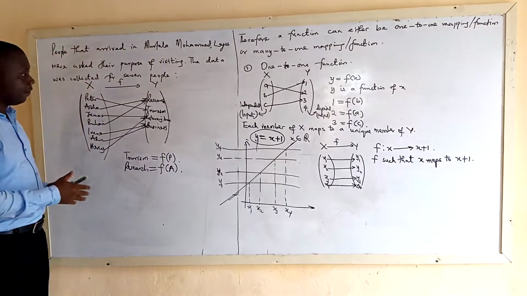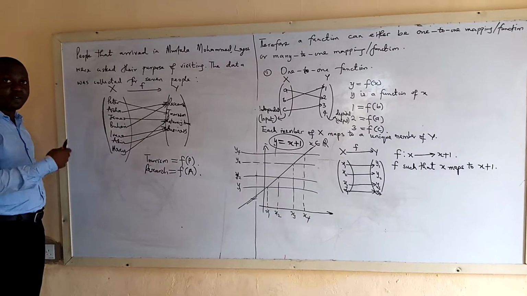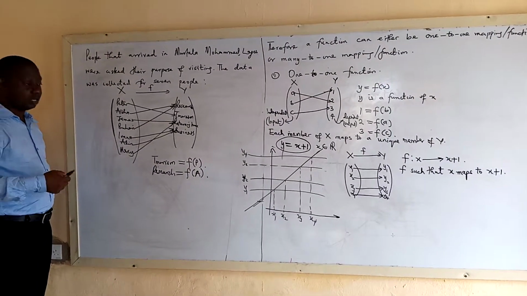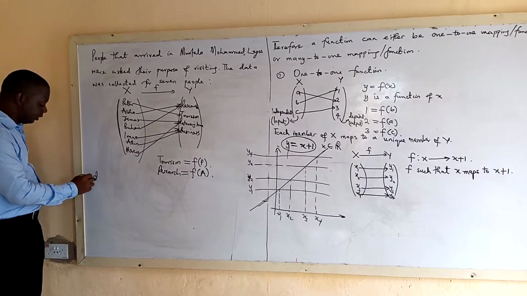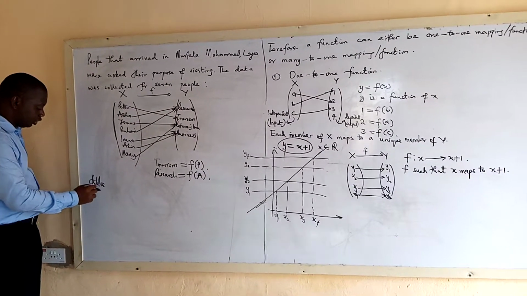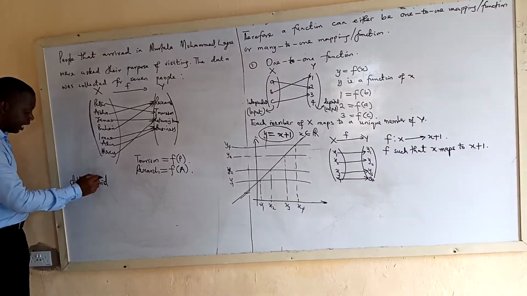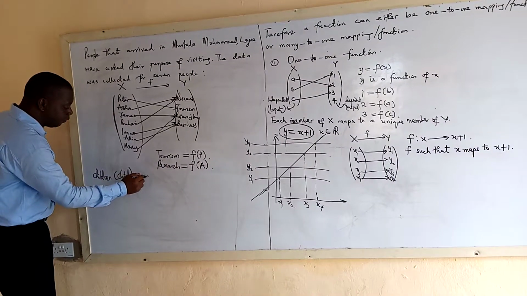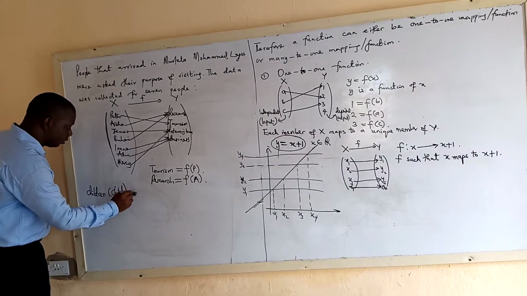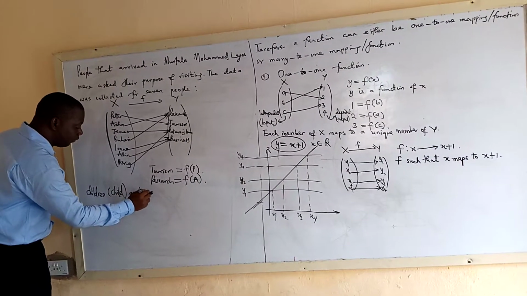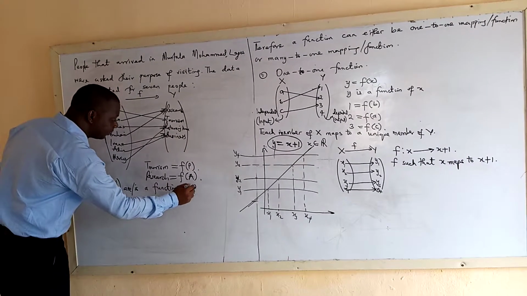So if I will give you another example before we go to many-to-one, if I say a child is a function of parents.